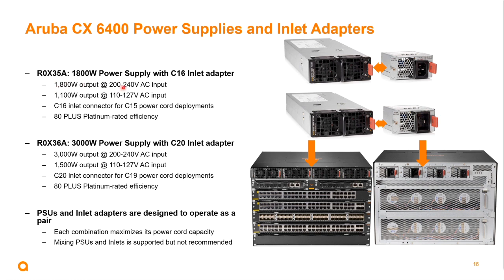So 200 to 240 volts, 1800 watts, and then 110 to 127 input, you get 1100 watts when you're using the C16 inlet adapters. And then you get higher capacity, obviously, with the C20 inlet adapters, you can get up to 3000 watts or 1500 depending on your input AC power.